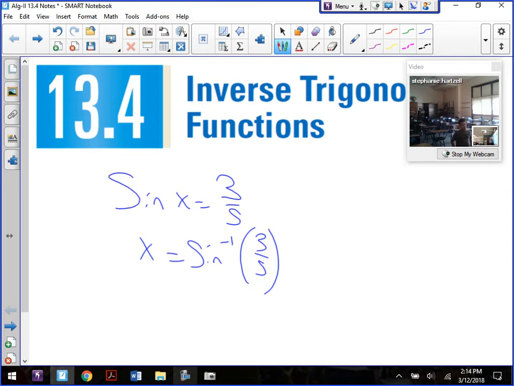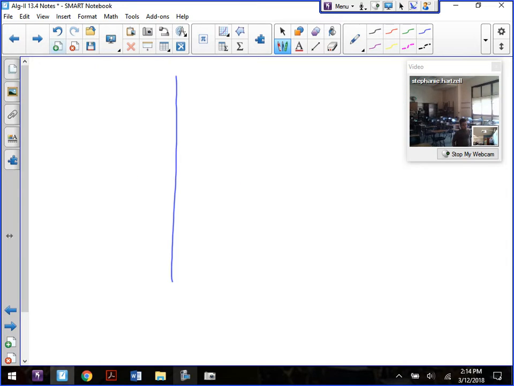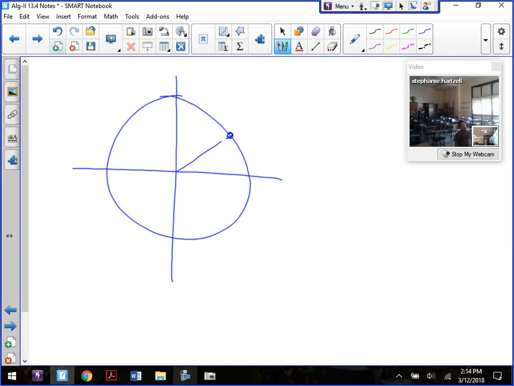What happens here is, if you go into our unit circle, and I'm here at a 30-degree angle, I'm also here with a 30-degree reference angle. You guys okay with that? These two values have the exact same sine, don't they?